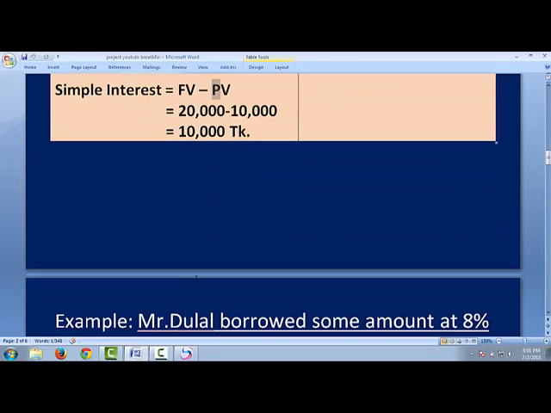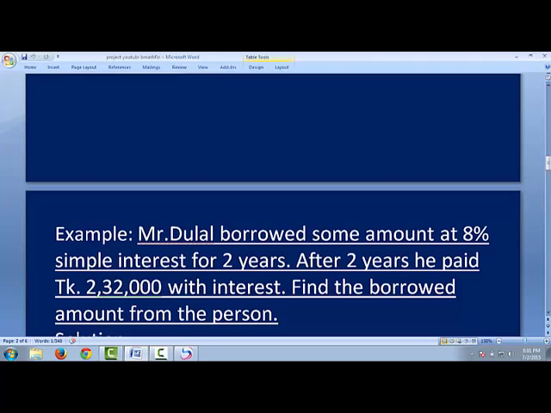We give another example to make it clear. Mr. Dulal borrowed some amount at 8% simple interest for 2 years. After 2 years, he paid taka 2,32,000 with interest. Find the borrowed amount.